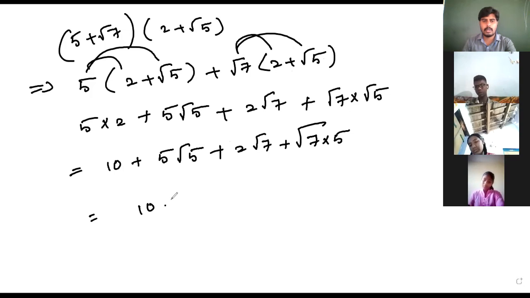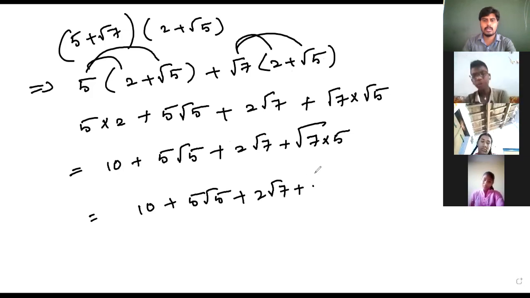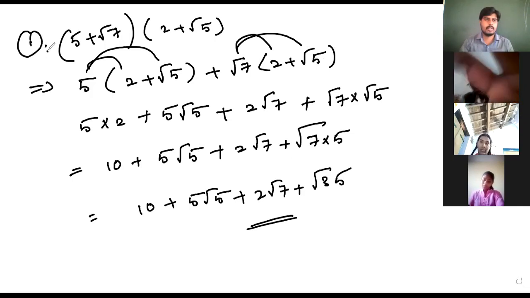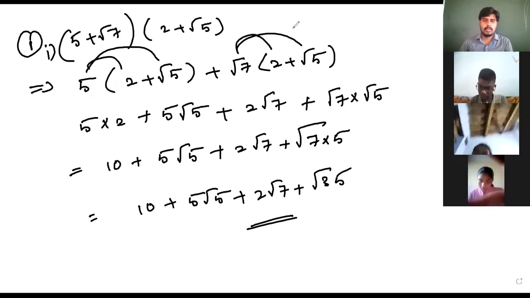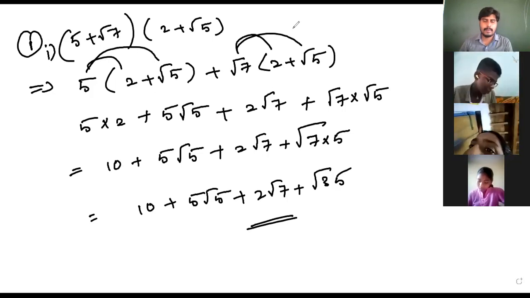So 10 plus 5 root 5 plus 2 root 7 plus root 35. That's it, the answer. We cannot simplify even more.